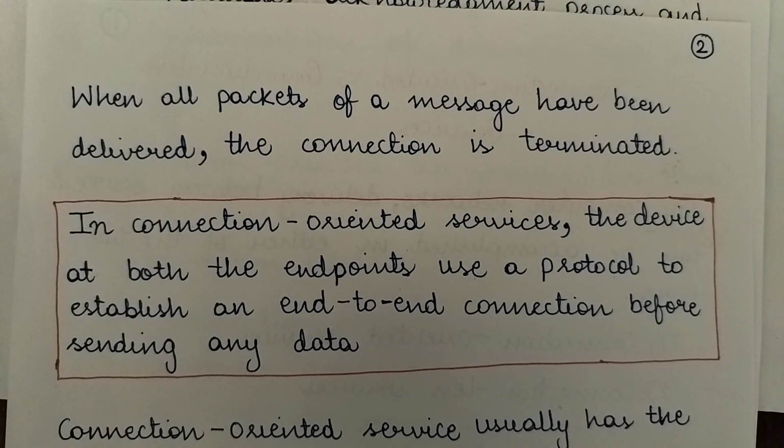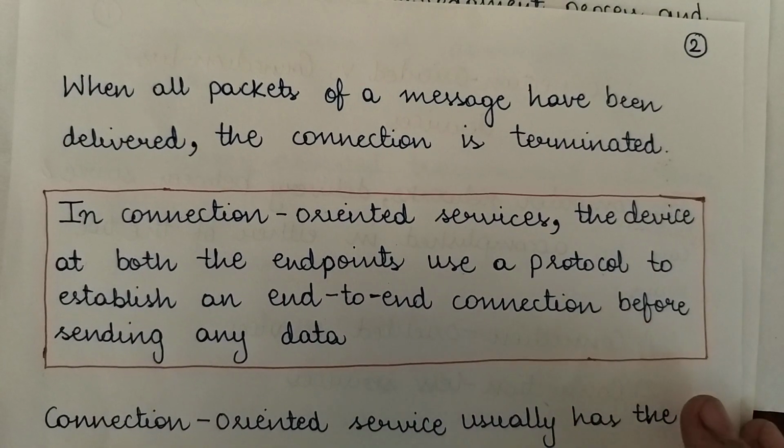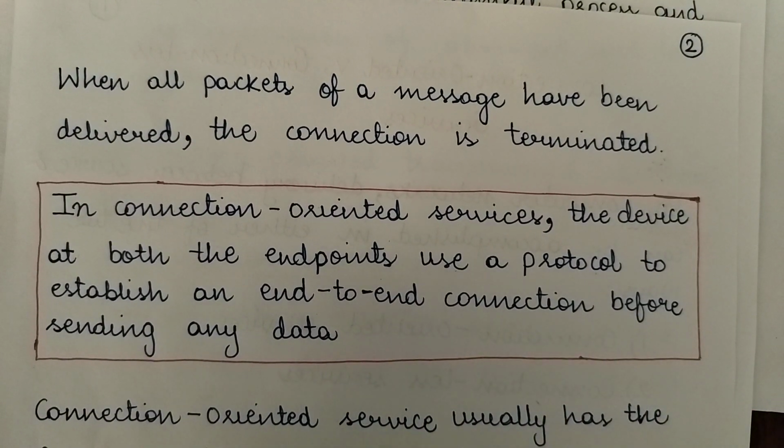After all the packets have been transmitted and there is no more packet left, the connection is terminated, because keeping the connection means keeping that bandwidth, which would be underutilized or wasted, since you can give that bandwidth to some other source and destination.